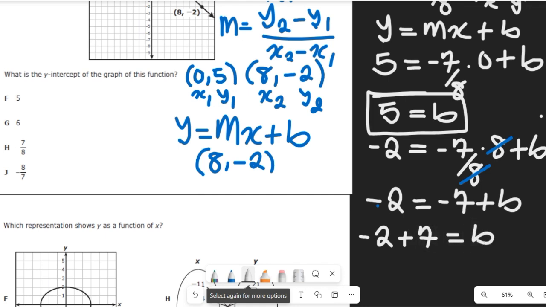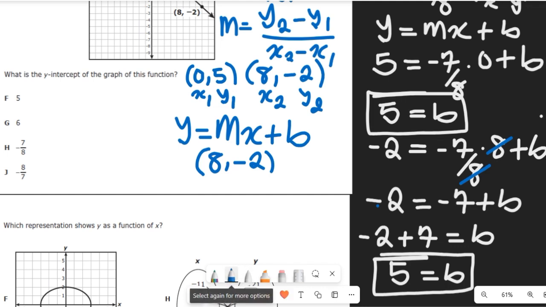So negative 2 plus 7 is going to give me 5, and this will be equal to b. So you see, if you use any of those coordinates, you are going to have the same value and the same result. So the intercept of the graph of this function is F, and that is that.